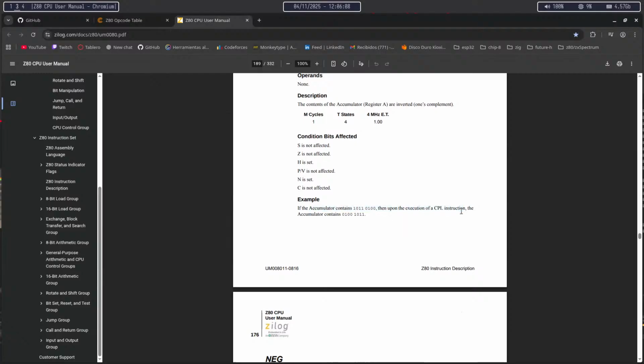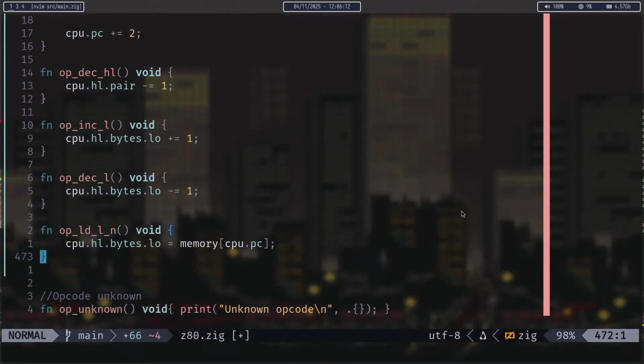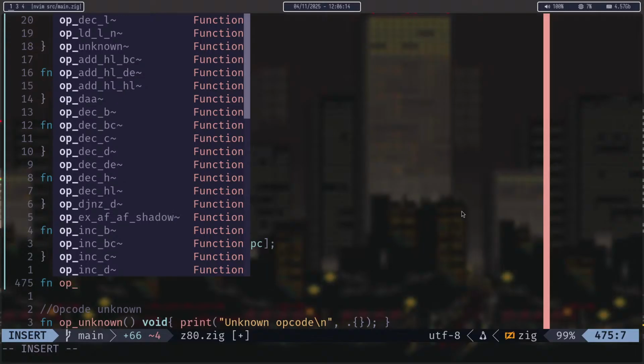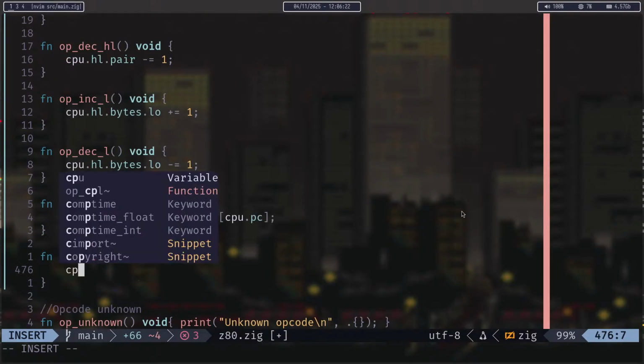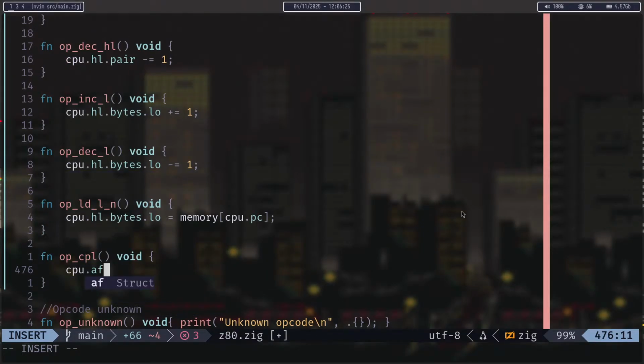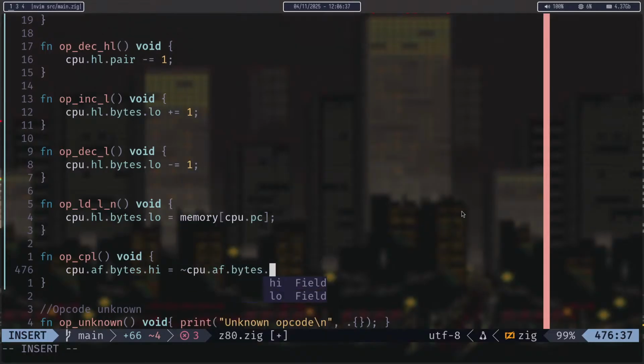So do I just have to do something like this? Or I can say CPU.AF.high equals not.